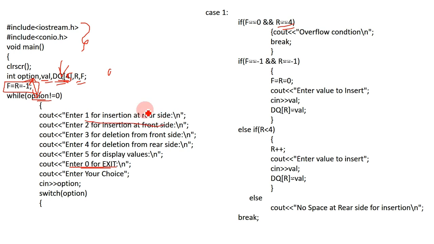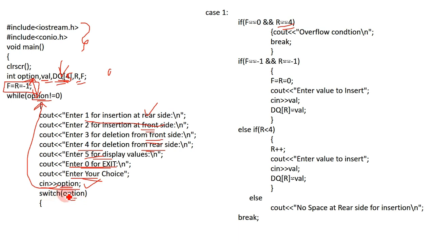1 for insertion at the rear side, 2 for insertion at the front side, 3 for deletion from the front end, 4 for deletion from the rear end, and when you press 5 from the keyboard, this will display the values. Okay, and 0 is for exit, and enter your choice. When you enter the option, this option will go here as well as to this switch statement.